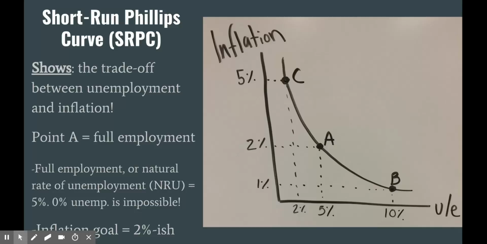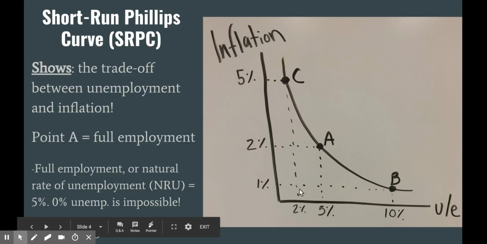If we can keep prices rising less than 2% a year, then we're doing okay, somewhere between 1 and 2%. Unemployment, we generally say we want unemployment to be somewhere between 4 and 5%, because 0% unemployment is impossible in our economy.